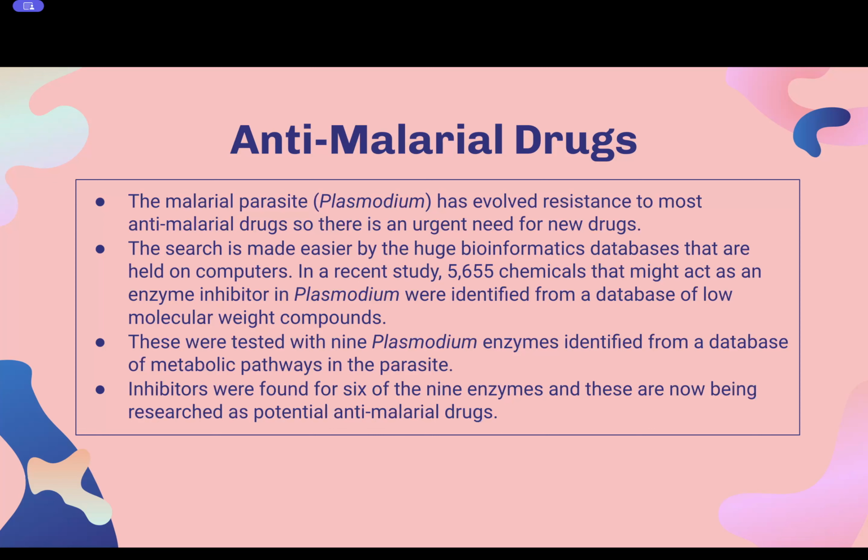So obviously these were tested with 9 different Plasmodium enzymes, also identified from another database of metabolic pathways. And then when they were tested, inhibitors were found for 6 of the 9 enzymes, and these are now researched as potential anti-malarial drugs.